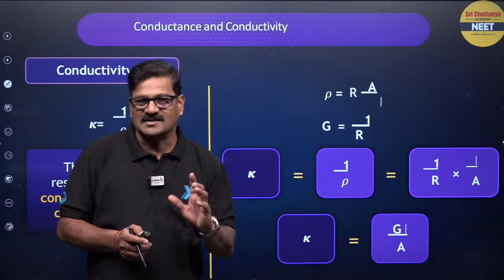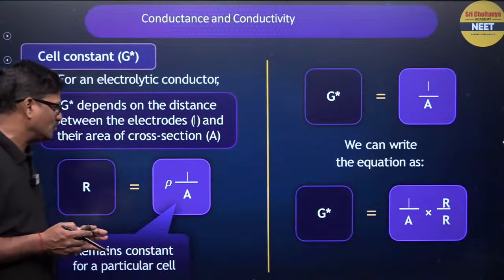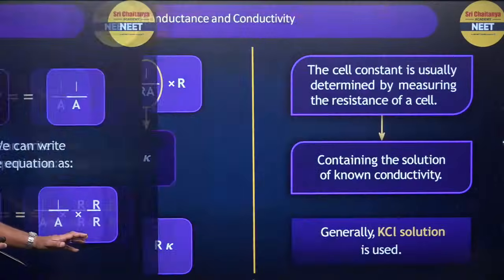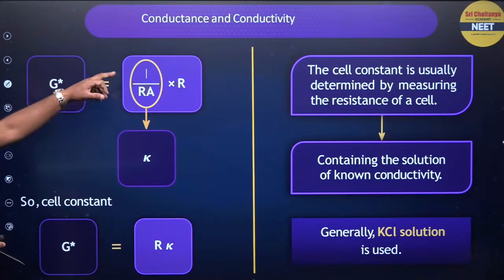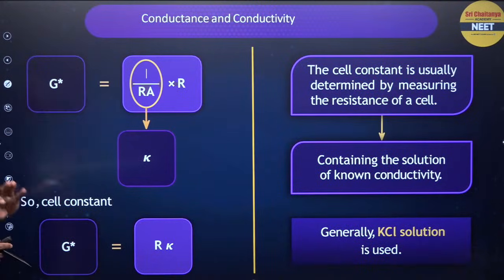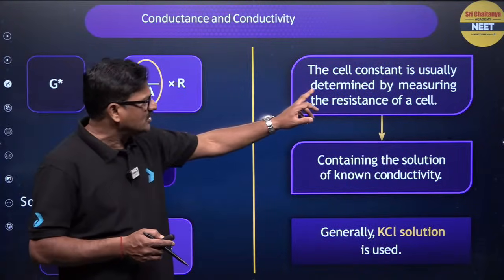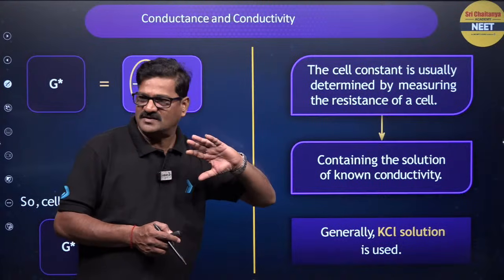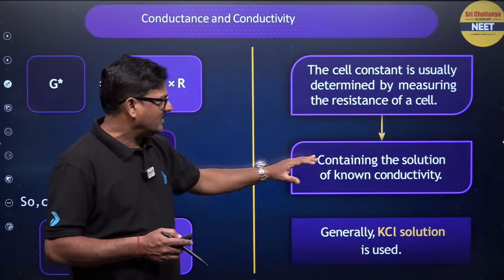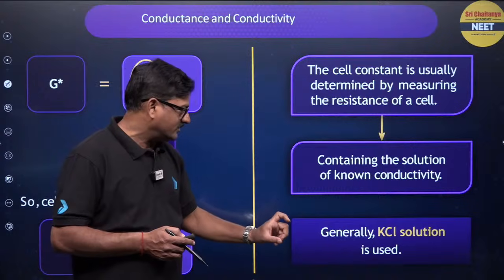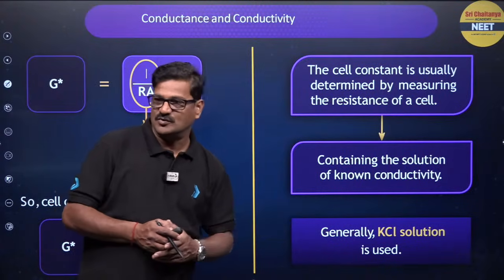That is one other way to say that. So you can say G star is equal to L A by R, so G star is equal to RK. A cell constant is usually determined by measuring the resistance of a cell containing a solution of known conductivity. Generally KCl solution is used for that.